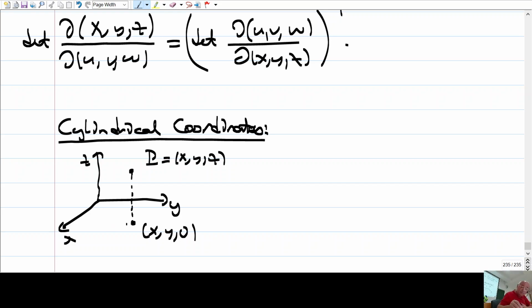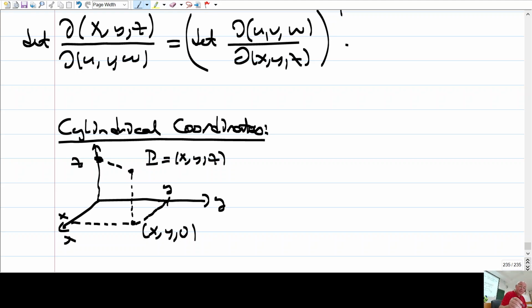And then we have, okay, let me just mark the coordinates x, y. This is y. And z is okay here.